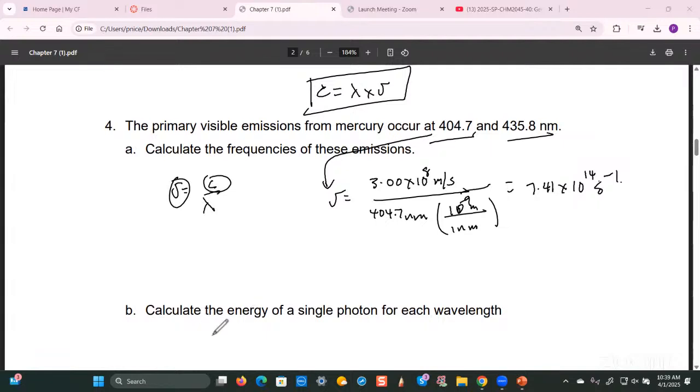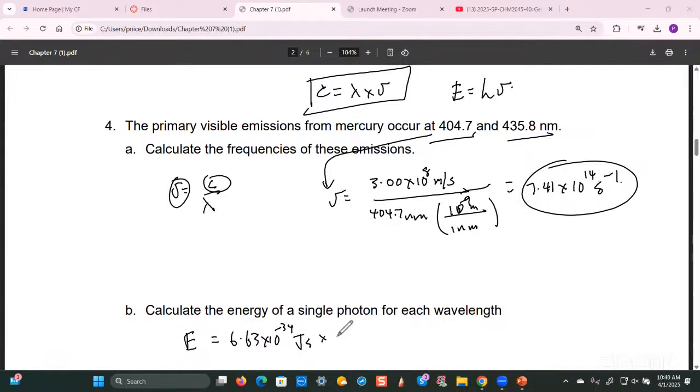Okay. Now B is asking for the energy. So let me remind you, the formula for energy for each of these photons is h nu, right? So I'm just going to do that for this one here. The energy for the first one will be equal to Planck's constant, 6.63 times 10 to the minus 34 joule seconds, multiplied by this value here, which is 7.41 times 10 to the 14 seconds to the minus 1.